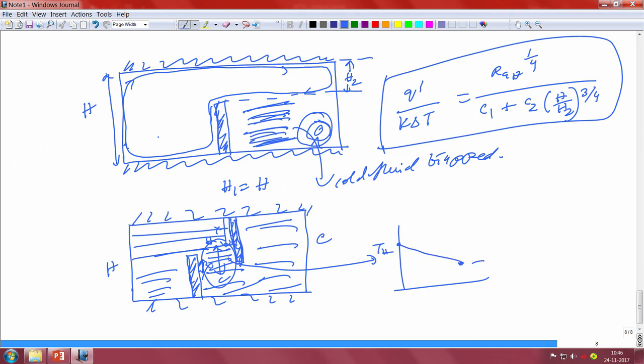So, this is Th, this is Tc, and this will happen over that region which is given as say x1. But other than this, the fluid is trapped here, the fluid is trapped here, but obviously they cannot come down. So, there is an interfacial region across which the hot and the cold fluid will migrate from one state to the other.